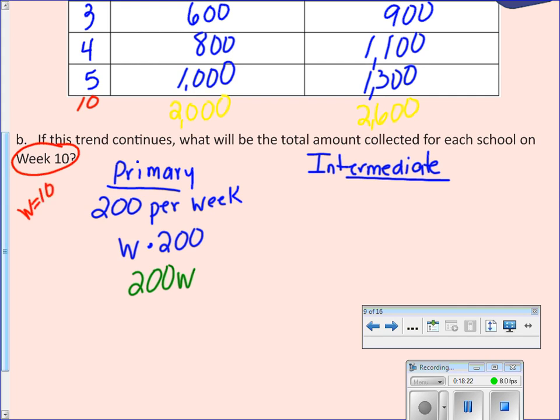So wherever I see W, I'm going to replace it with 10. So multiply: 2,000 pounds of paper.